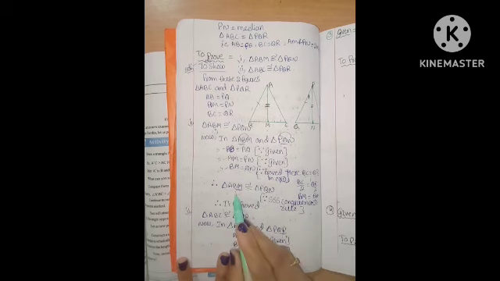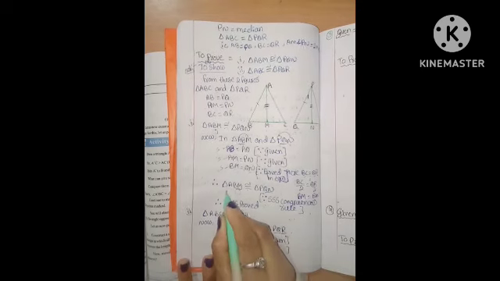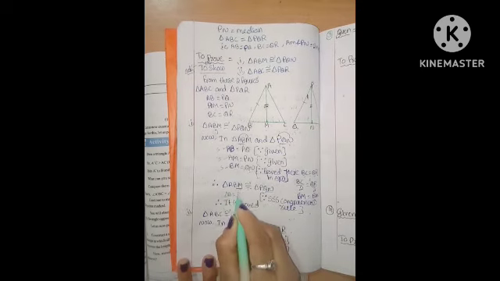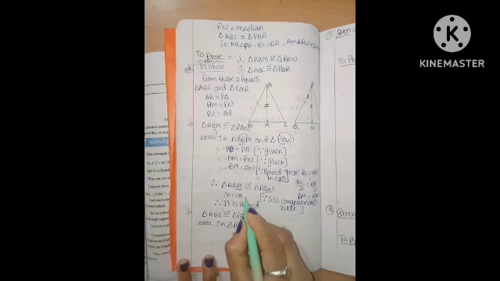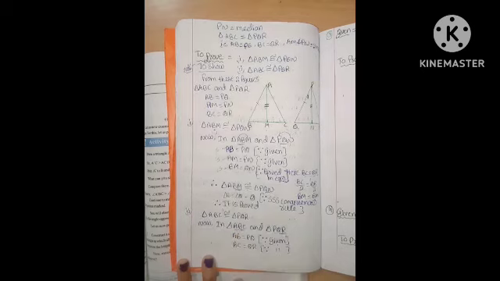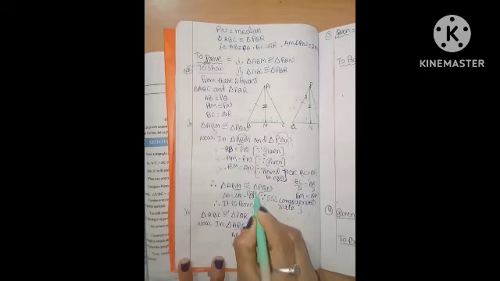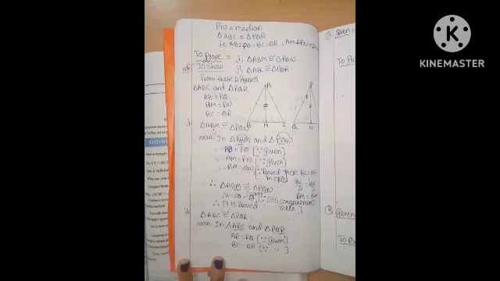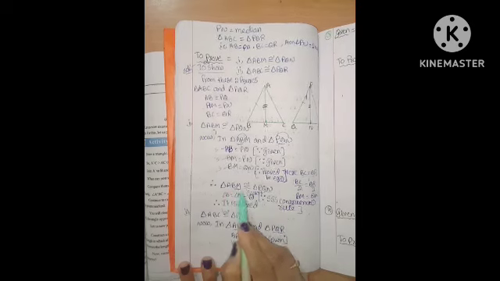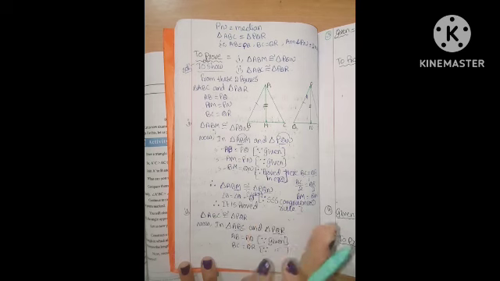So here angle B is equal to angle Q. This is equation number 2. Angle A is equal to angle P, angle B is equal to angle Q, and angle M is equal to angle N. All the sides and all the angles are equal.